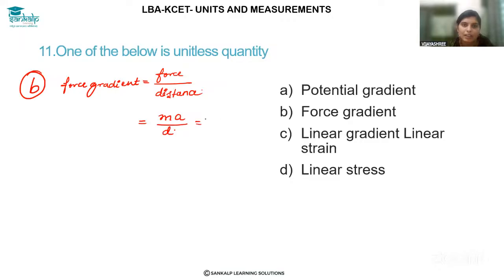The mass dimensional formula is M. Acceleration is velocity divided by time. Velocity is meter per second raised to minus 1, and meter means length, L.